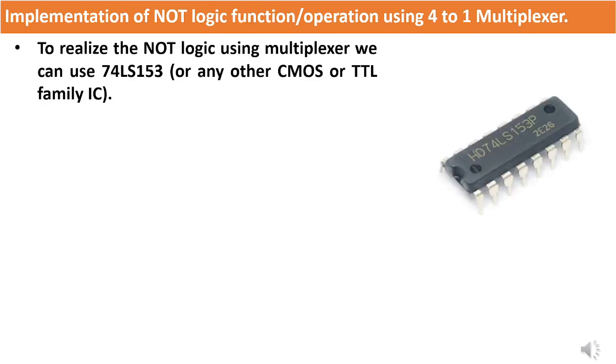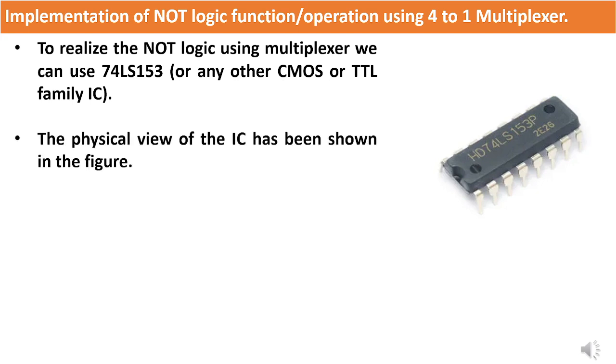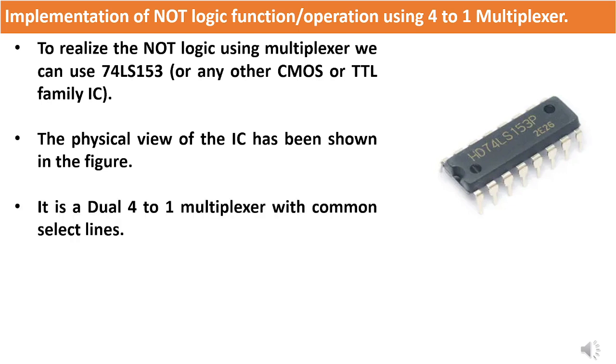To implement the NOT logic using a multiplexer, we can employ the 74153 IC, which is available in various technologies like CMOS or TTL within the IC family. Below, you'll find an illustration of the physical layout of this IC. The 74153 is a dual 4-to-1 multiplexer, featuring common select lines and active low enable lines.